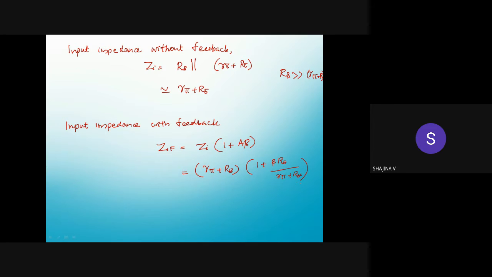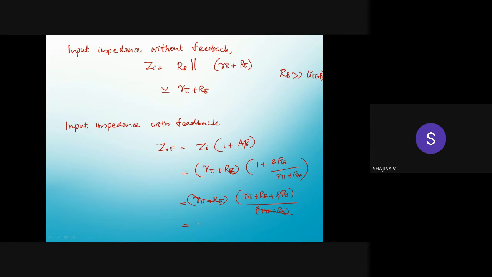This is my 1 plus A beta value. Okay. Or you can simplify this. This is R5 plus RE into, here you can cross multiply, that is R5 plus RE plus beta RE divided by R5 plus RE. Okay, and this R5 plus RE will get cancelled.